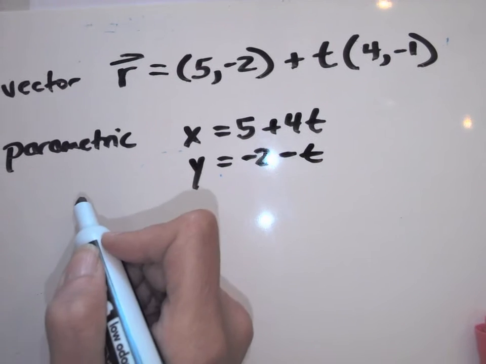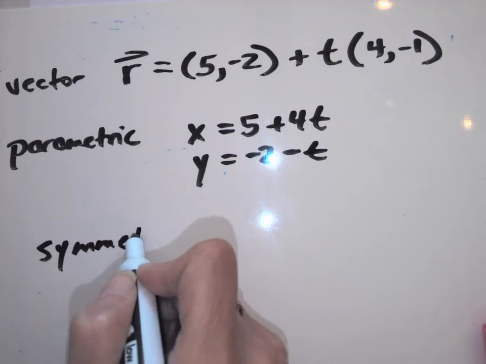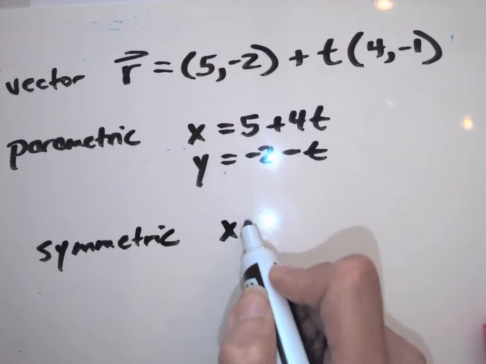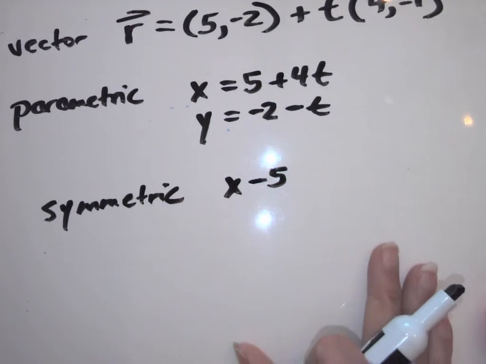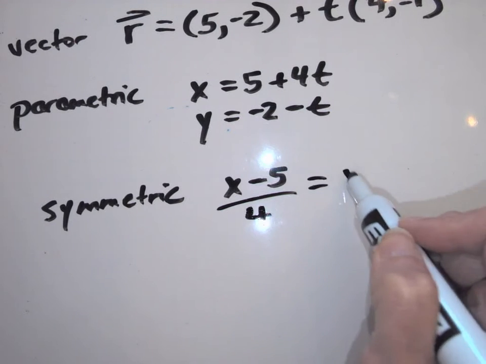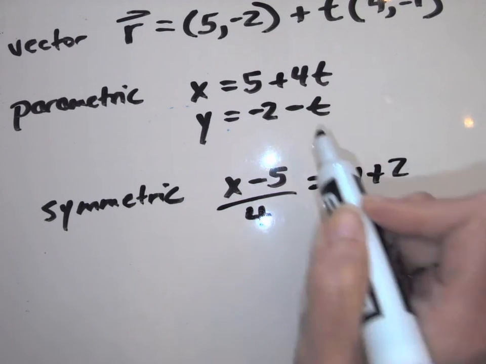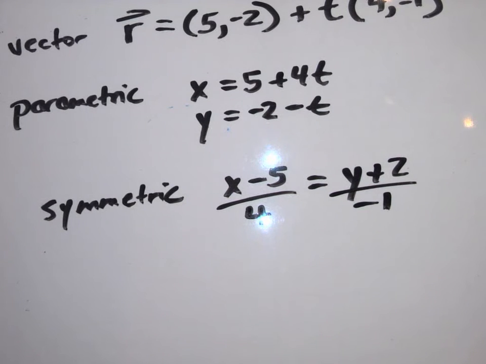And then the symmetric equation is going to be (x minus 5), so we're pretending to get t by itself here, so we'd subtract 5 and divide by 4 equals (y plus 2) over -1. If we were getting t by itself here, we'd add 2 and divide by -1, the coefficient of t, so that would be our symmetric equation.